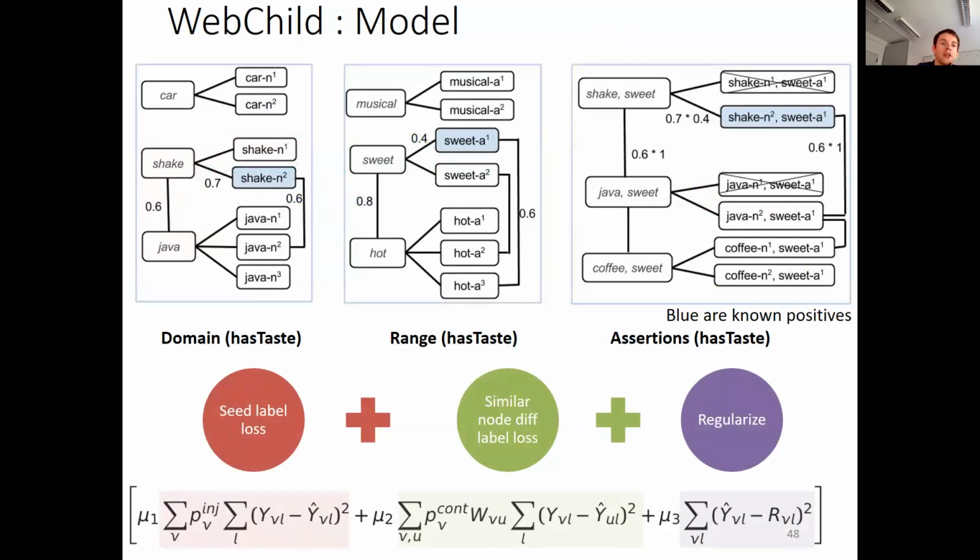So a shake really is in the domain of has-taste. A sweet is really in the range of has-taste. We can do label propagation to identify other objects in domain and range of the has-taste relationship. And we have some known positive assertions, which come again from the WordNet glosses, so that shakes are indeed sweet. And then we can propagate these positive labels to other similar statements.